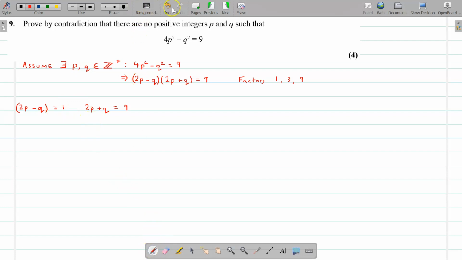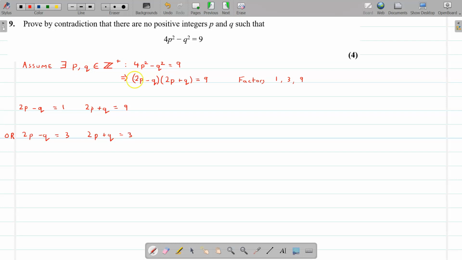I'm just going to take out that unnecessary bracket there. Okay, so that's one possibility. The alternative, I'm just going to put or here, is that 2p minus q equals 3 and 2p plus q equals 3, because 3 times 3 is equal to 9.